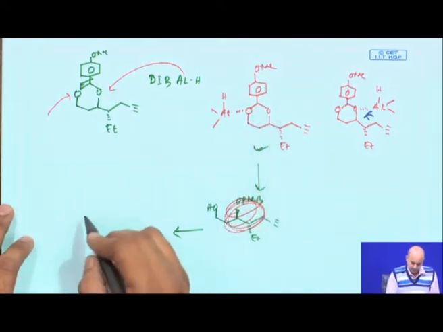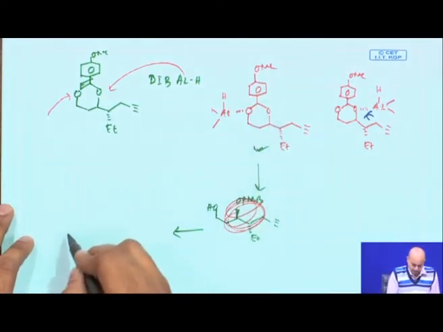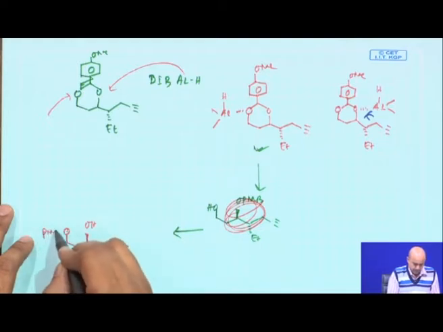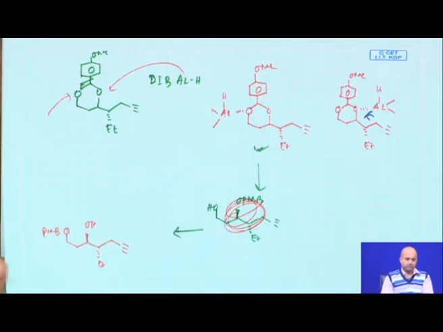So, you will now be getting this O, this OH, ethyl, OPMB. So, this you have now got, and then what next is required?